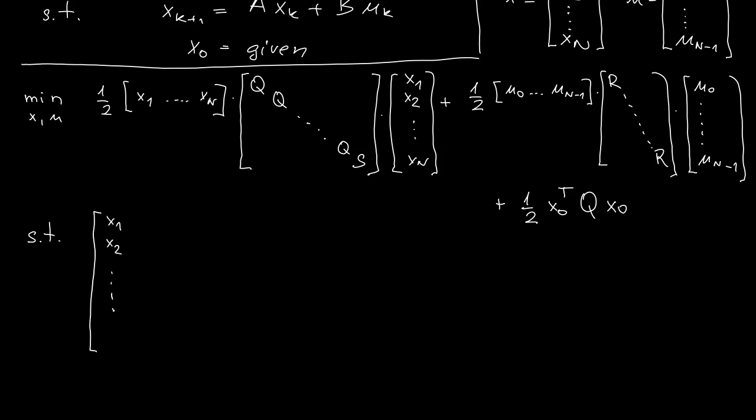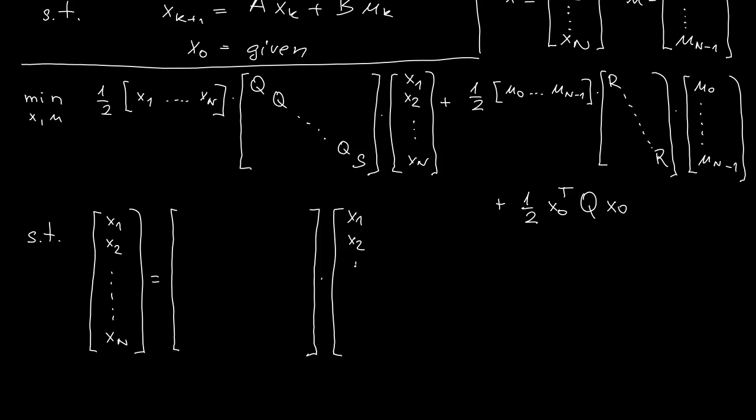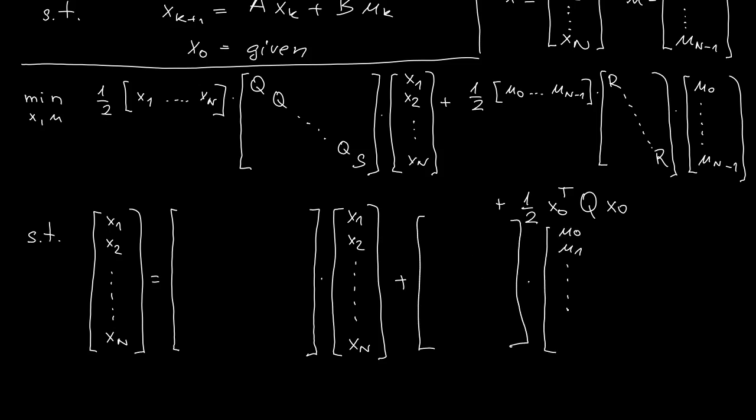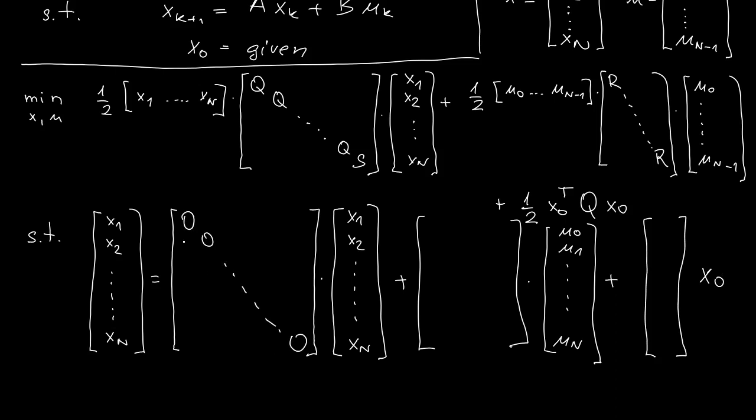Now the constraints. Here it may take just a few moments for you to recognize that this is indeed how the state equation could be written down. So here I will have some matrix not yet specified times the long stacked vector x plus another matrix times the long stacked vector of controls plus yet another matrix times the state at the initial time.